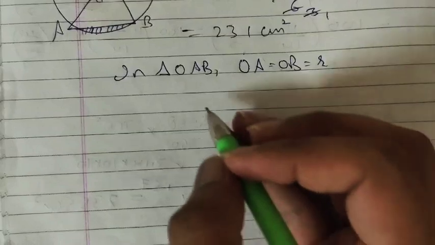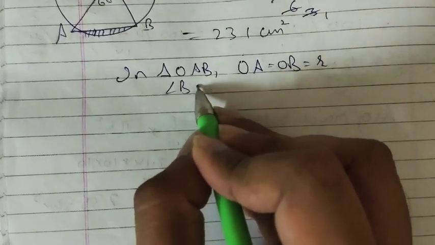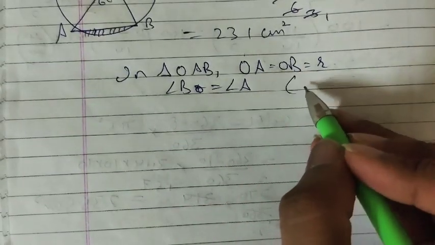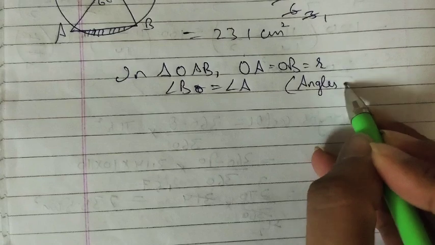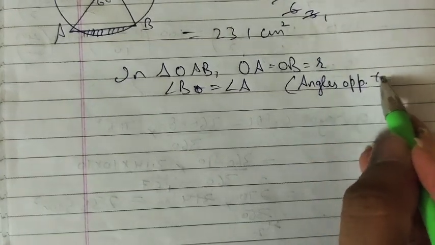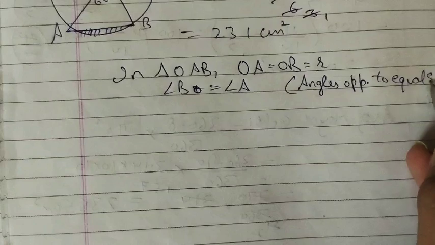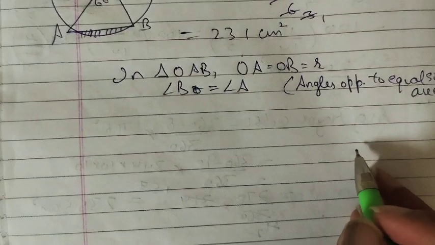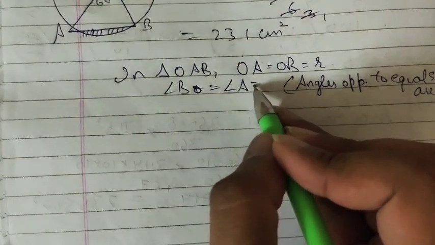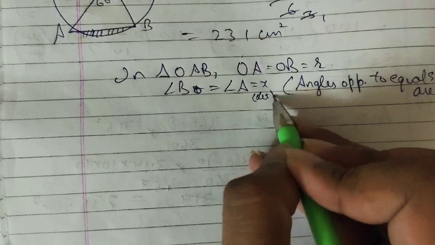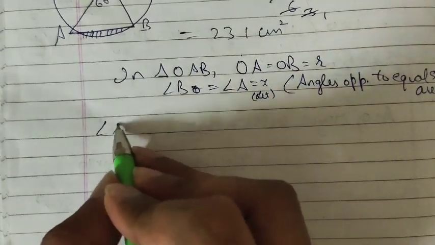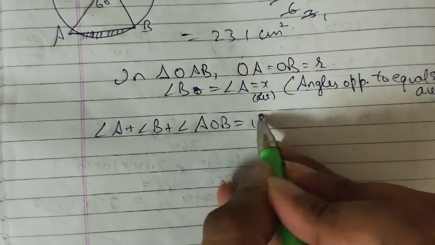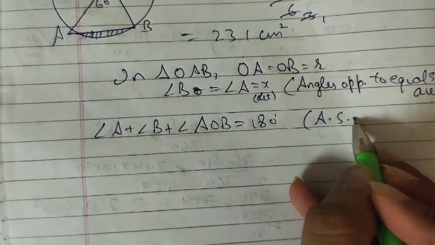So angle opposite to OA is angle B and angle opposite to OB is angle A, because angles opposite to equal sides are equal. So angle B is equal to angle A is equal to x. Angle A plus angle B plus angle AOB is equal to 180 degree, by the angle sum property of a triangle.